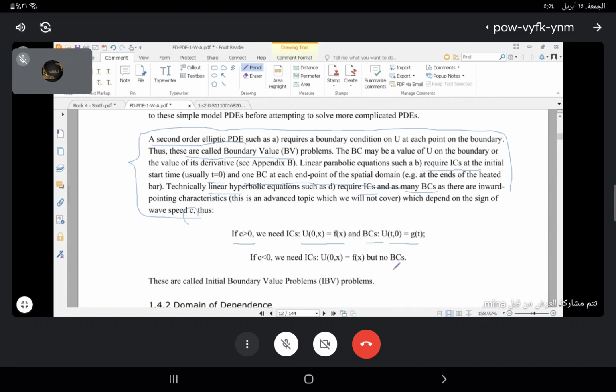Thus, for the hyperbolic equation, the boundary condition depends on the sign of C. C is the wave speed.